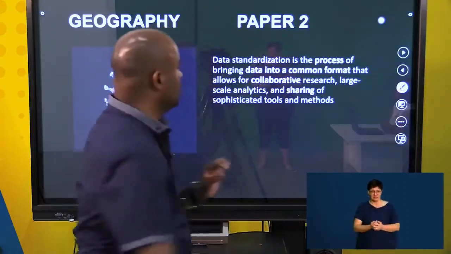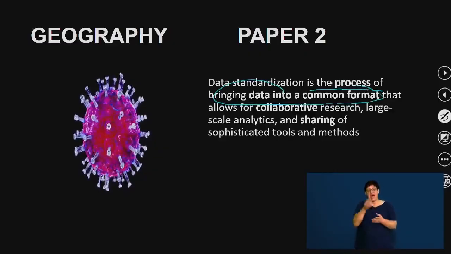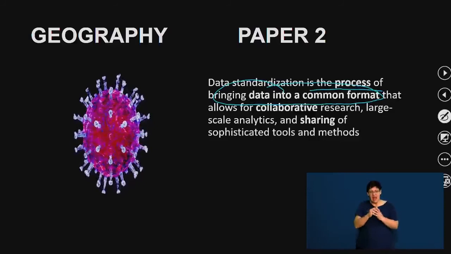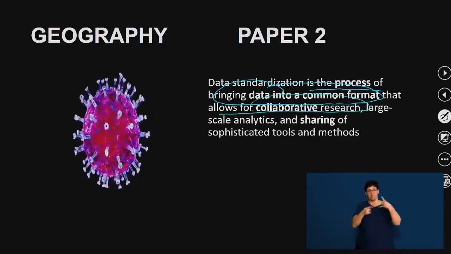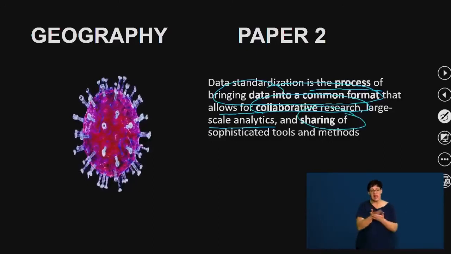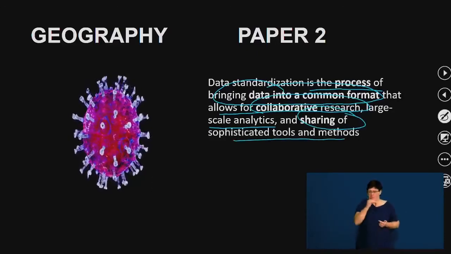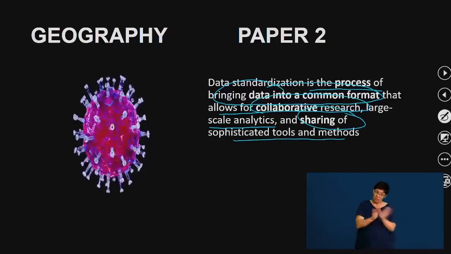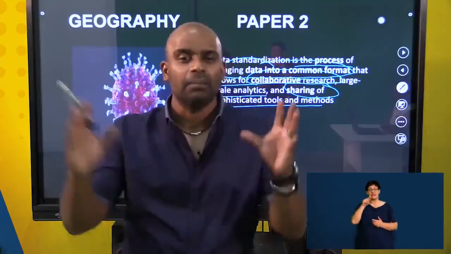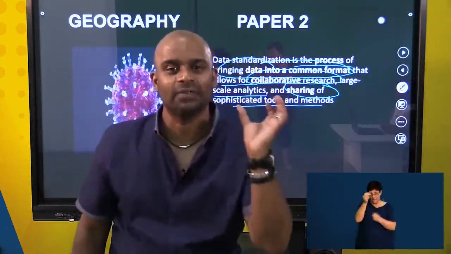What does it mean? It is the process of bringing data into a common format that allows for collaborative research, large-scale analytics, and sharing of sophisticated tools and methods. What this simply means, guys, for you to get a broader understanding, is that data standardization brings together different types of information into one standard format.